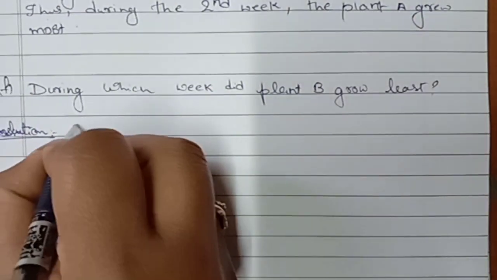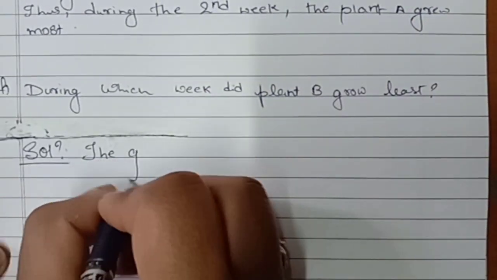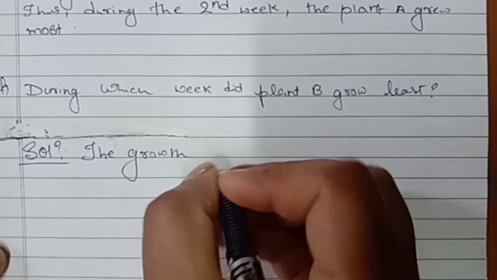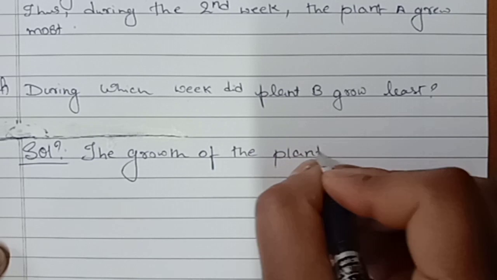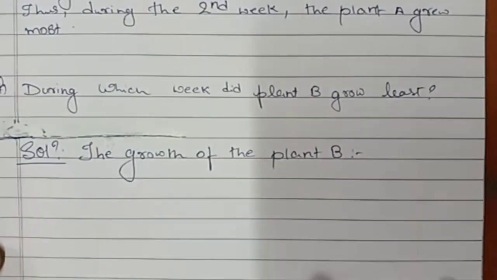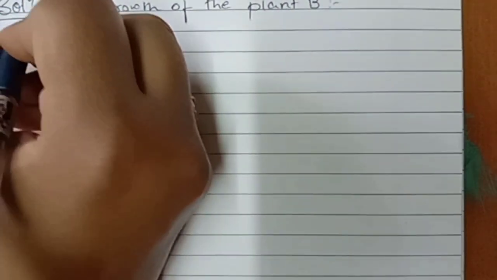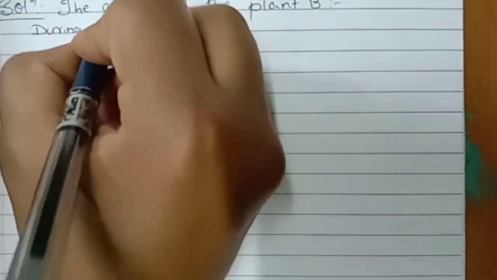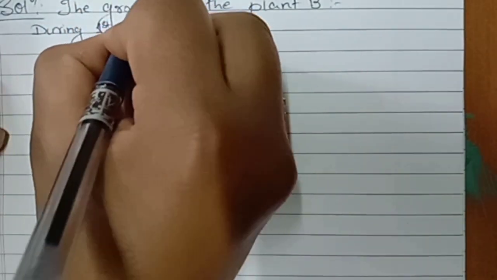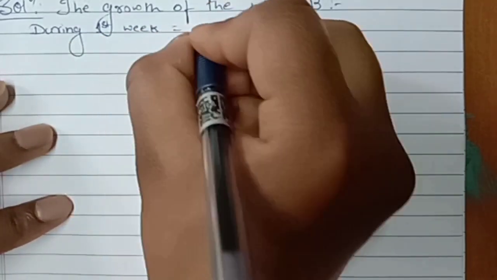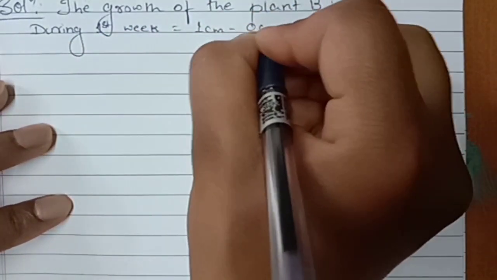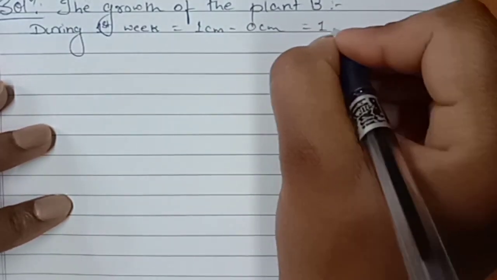Solution: the growth of the plant B during first week. How much did it grow? During first week it's 1 centimeter minus 0 centimeter. So it will be 1 centimeter.